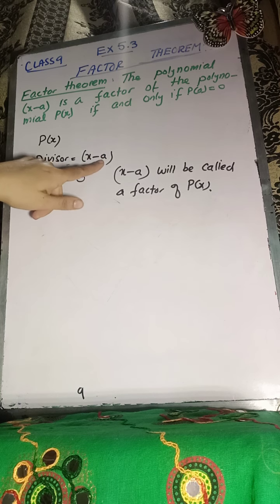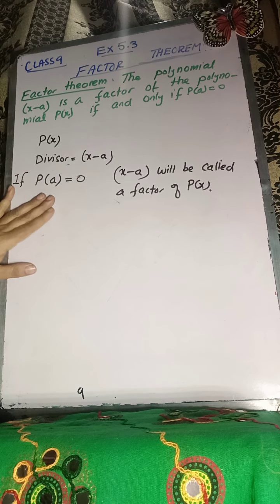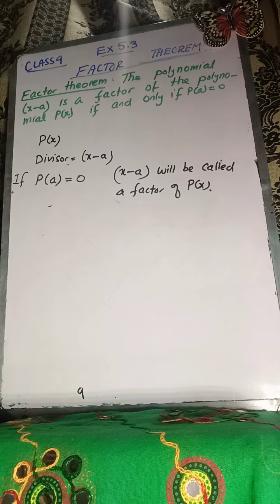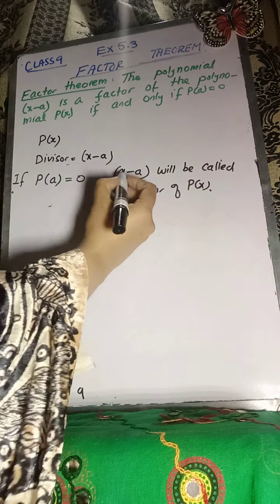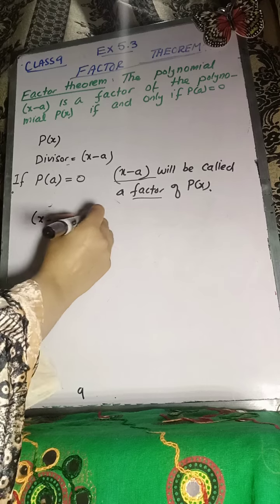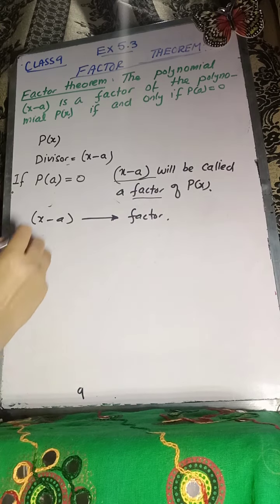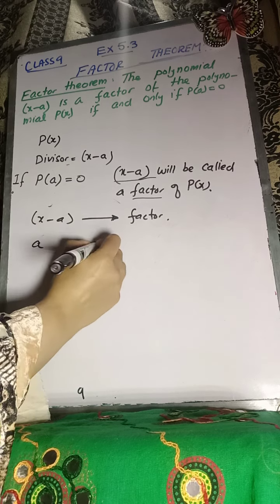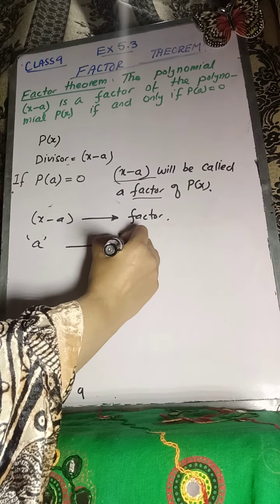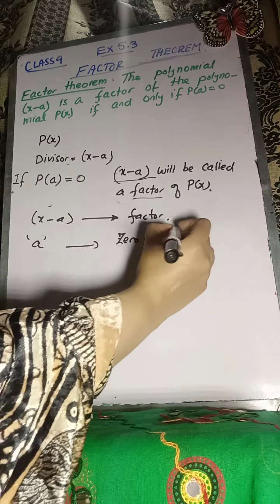A is the number which we are subtracting from x. And this a at which the value of the polynomial is equal to 0 is called the 0 of the polynomial. X minus a will be called the factor and a will be called the 0 of the polynomial.